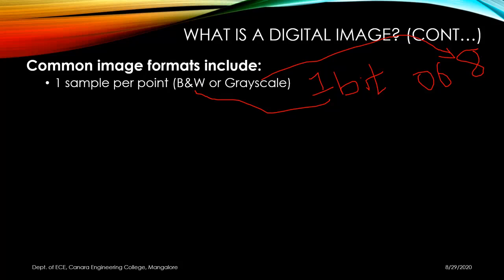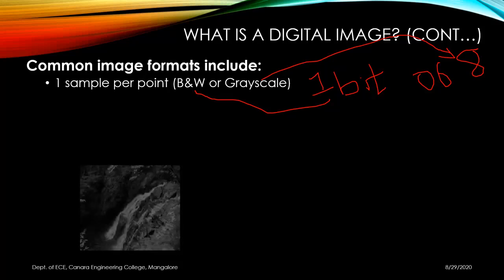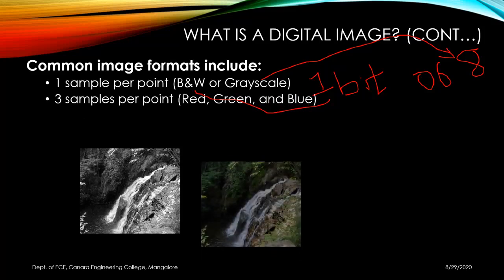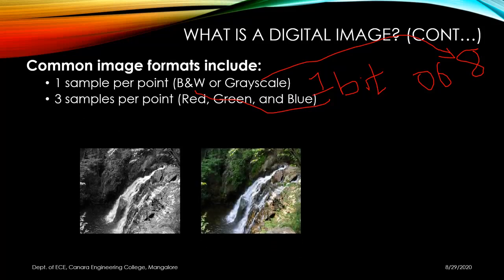And we can also have 3 samples per point. That is used for color images like this, where in 3 samples, the first sample will be for red, second will be for green, third will be for blue. And another sample we can add for the color image to give the opacity.